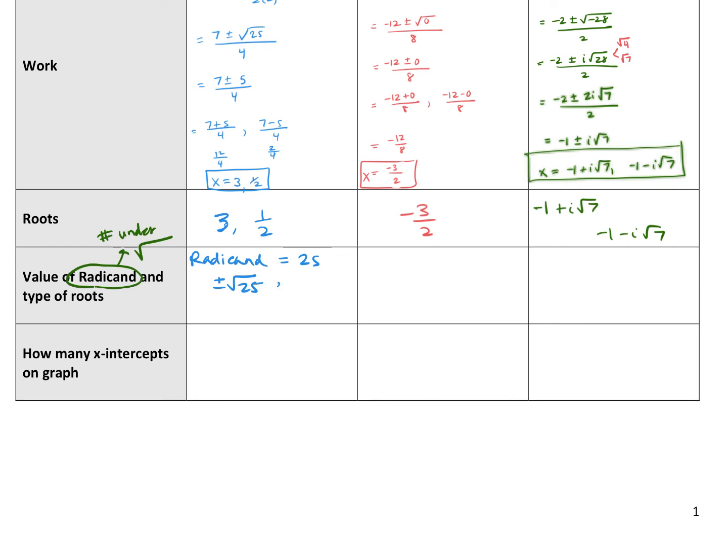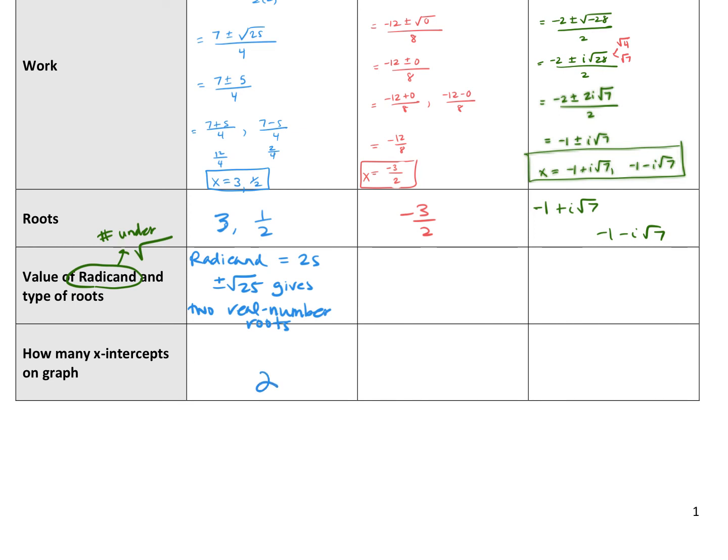That will give 2 real number roots. Roots are solutions. So because we're able to take the square root of 25 and we add that 5 and subtract that 5, that's where we're getting 2. And real number, because i didn't show up at all, we get 2 roots. How many x-intercepts are on that graph? 2.